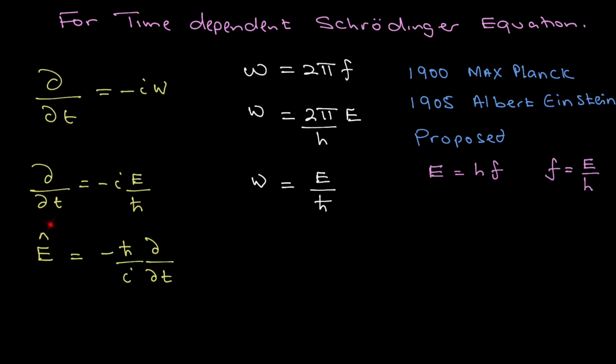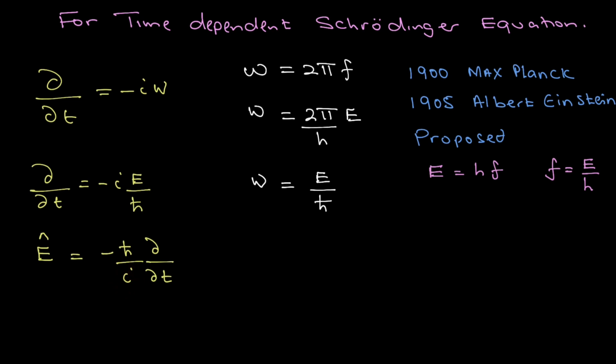So now I'm going to replace the E in the time-independent Schrodinger equation with this value. First, I need to rationalize the denominator. In the denominator, I've got plus i. I need to multiply both numerator and denominator by the conjugate of plus i. The conjugate of plus i is minus i.